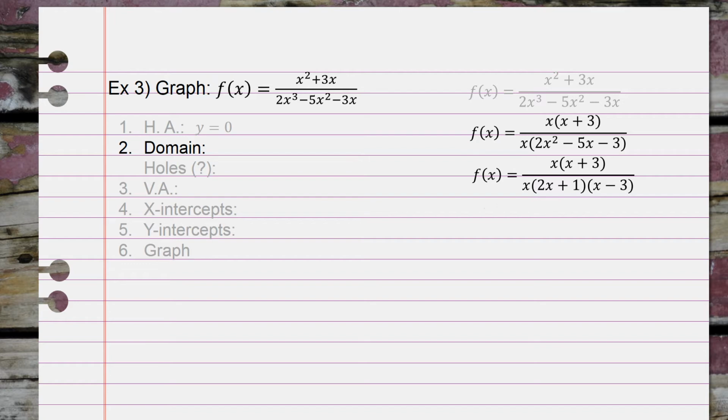You will find that x cannot equal 0, x cannot equal negative 1/2, and x cannot equal 3, which if you put that on the number line, you will find your domain is negative infinity to negative 1/2, union negative 1/2 to 0, union 0 to 3, union 3 to infinity.